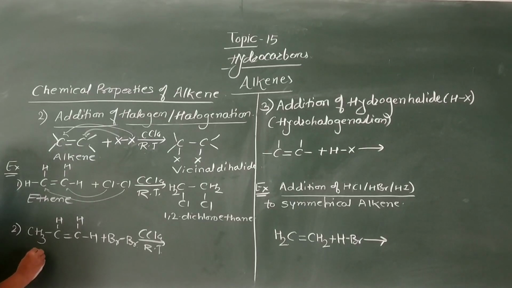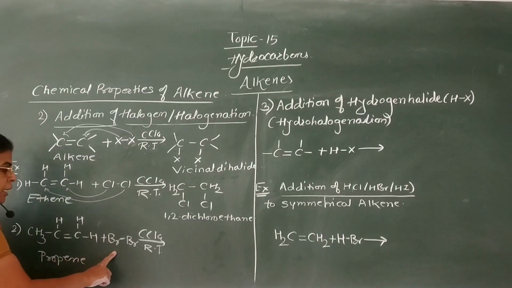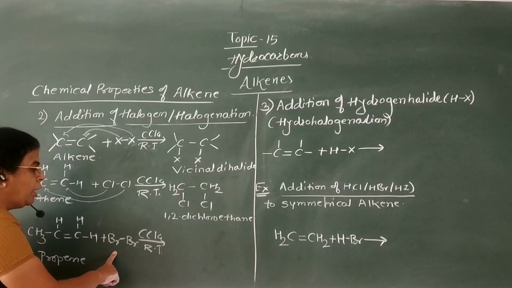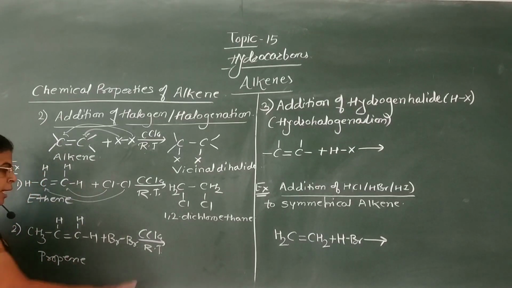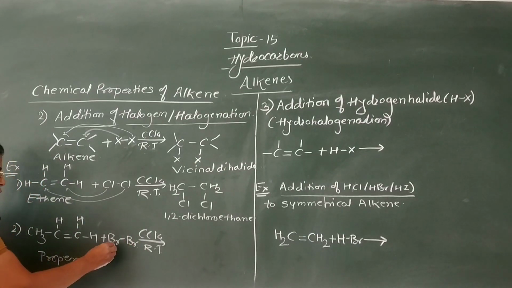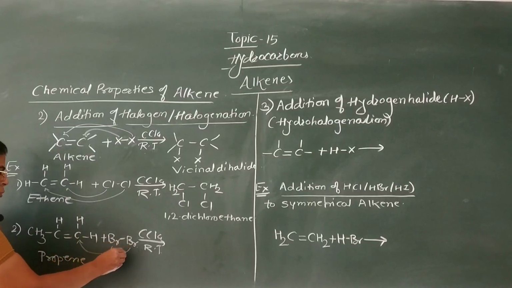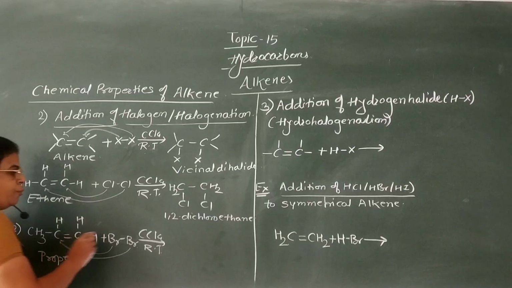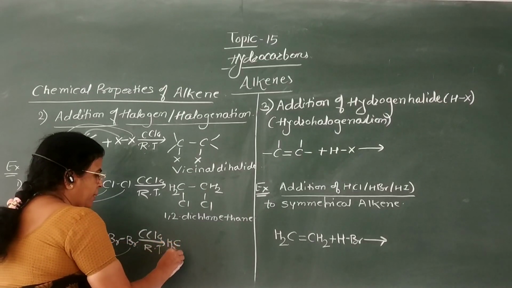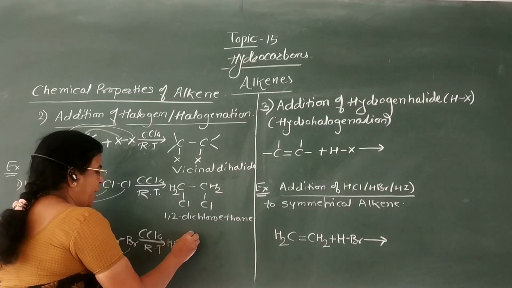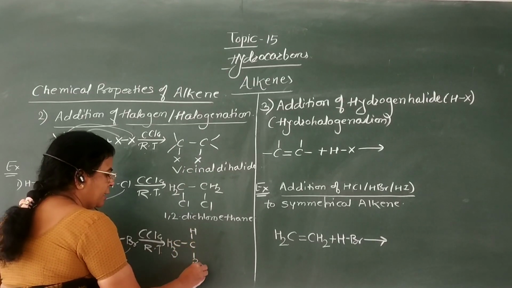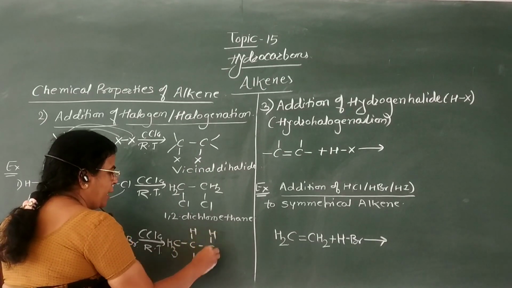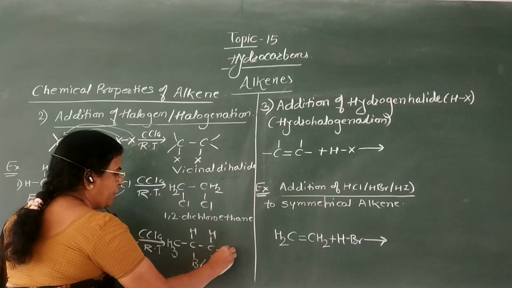Now this is propene. There are 3 carbon atoms, 1, 2, 3. When this propene is treated with bromine molecule in presence of carbon tetrachloride at room temperature, then addition of this Br2 molecule takes place across the double bond of propene to form CH3-CHBr-CH2Br.